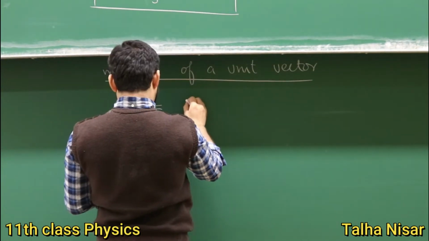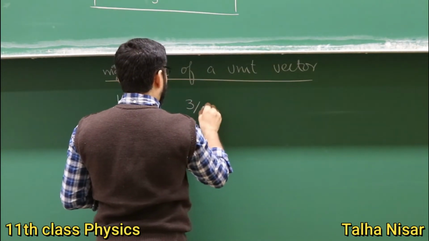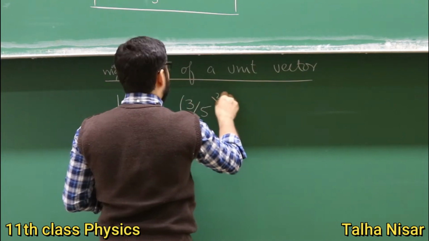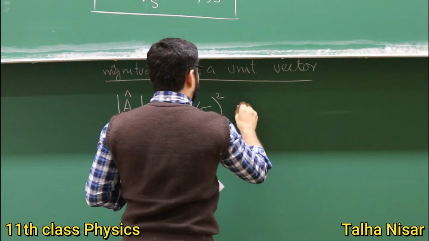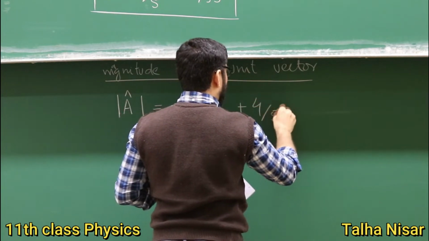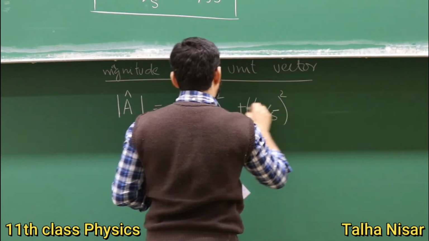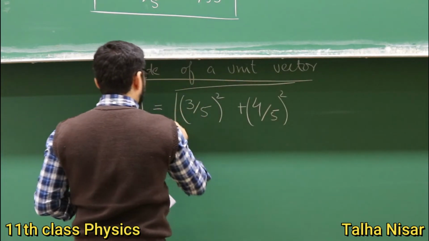So we have 3 by 5 squared plus 4 by 5 squared, under the root.